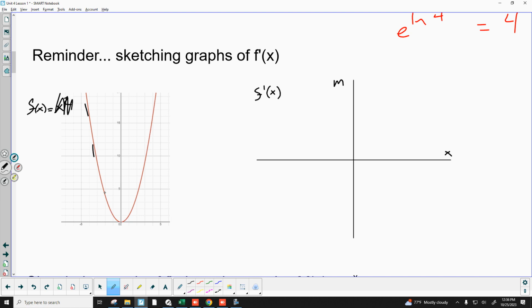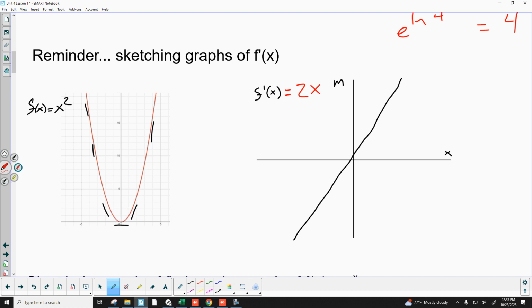See if you can sketch the graph of f prime. This is Unit 2 review. And we got negatives, less negatives, zero, positives, more positives. Hopefully you're seeing something that ends up looking like this. Well, we do now know there are derivative rules, and the specific equation of this is 2x.